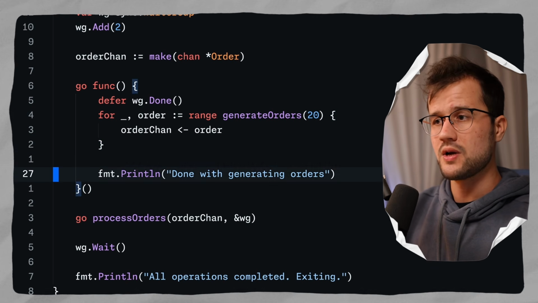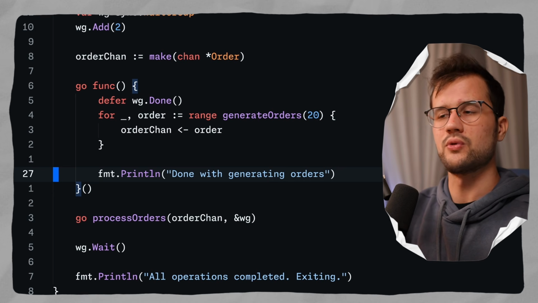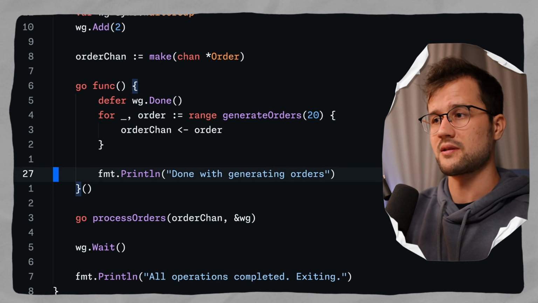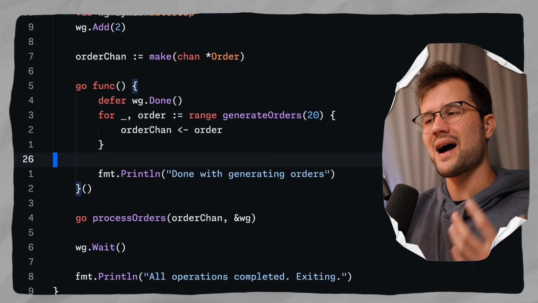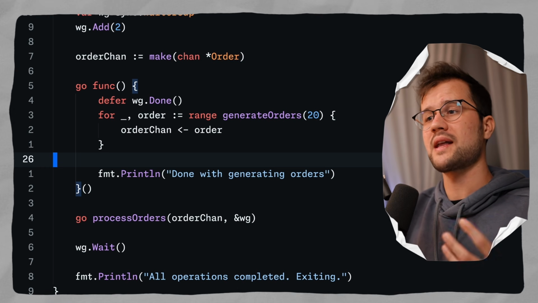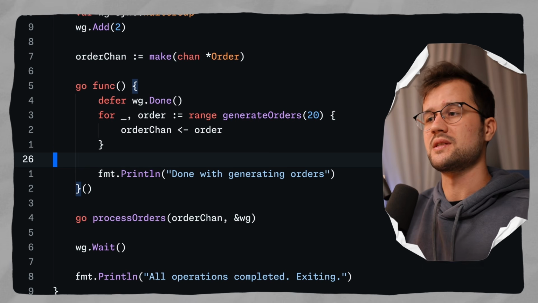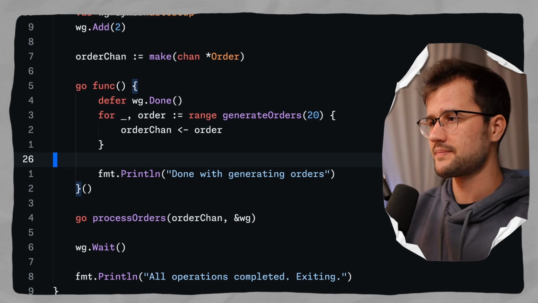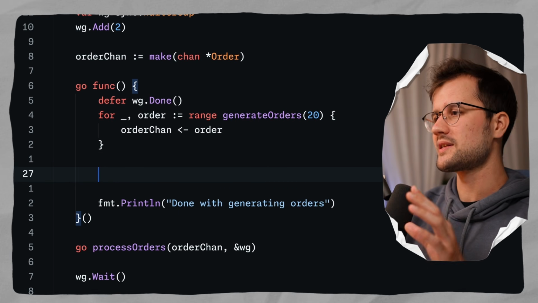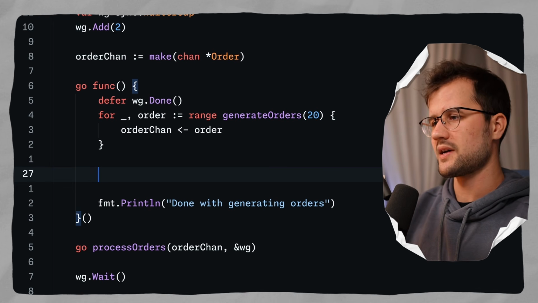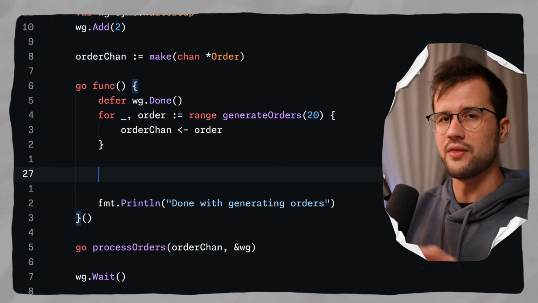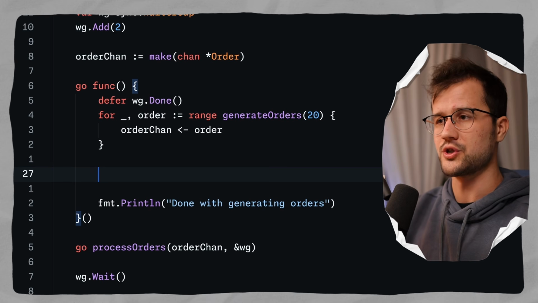Now what we can do to tell the receivers that this channel is closed is close the channel, right? And that's how the receivers know, okay, we need to end the receiving mechanism. Here it is really best practice to always close the channel from the sender side. So if you have a function that sends data to a channel, this function should close the channel.